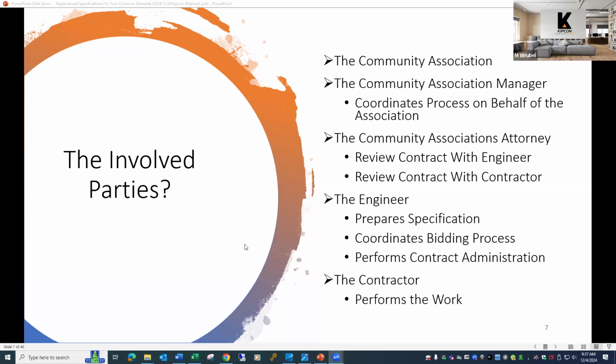The community association's attorney is an important player, especially when it comes to putting a contract in place and contract negotiation. Maybe there's a question prior to doing the project as to who is the owner of the various components of the project.